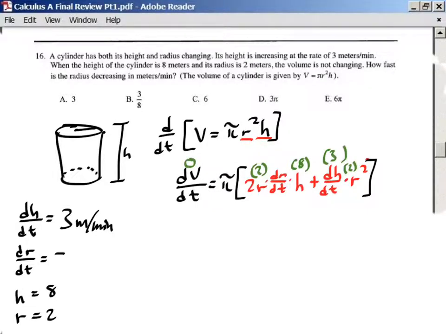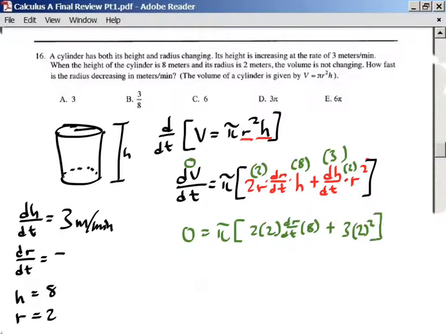Now let me clean this up. All right, 0 equals pi. Let's write a bigger pi right there. Pi times, we're going to have 2 times dr over dt times 8 plus 3 times 2r, no, it's not 2r, but 2 squared.